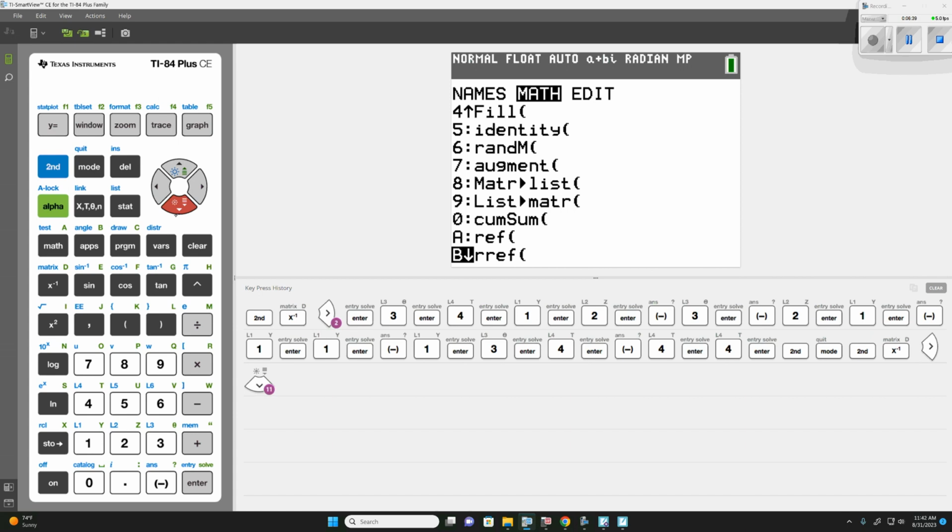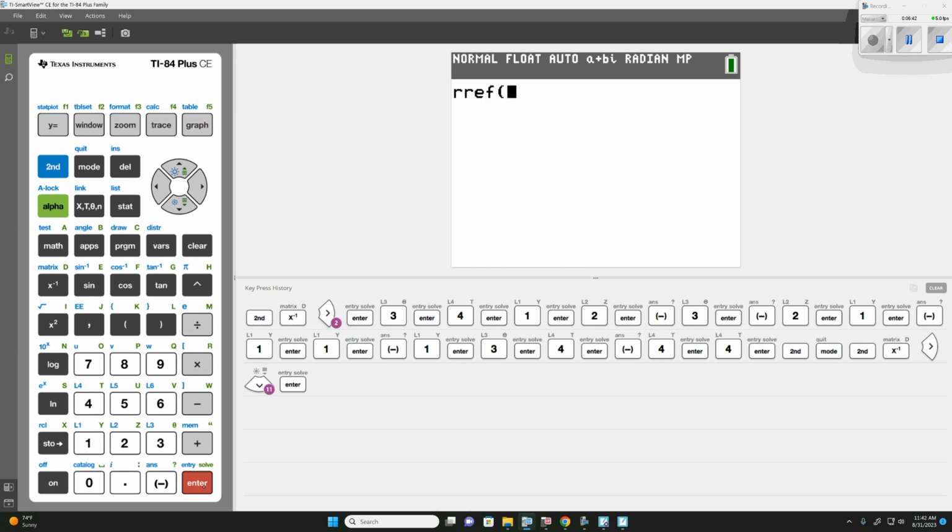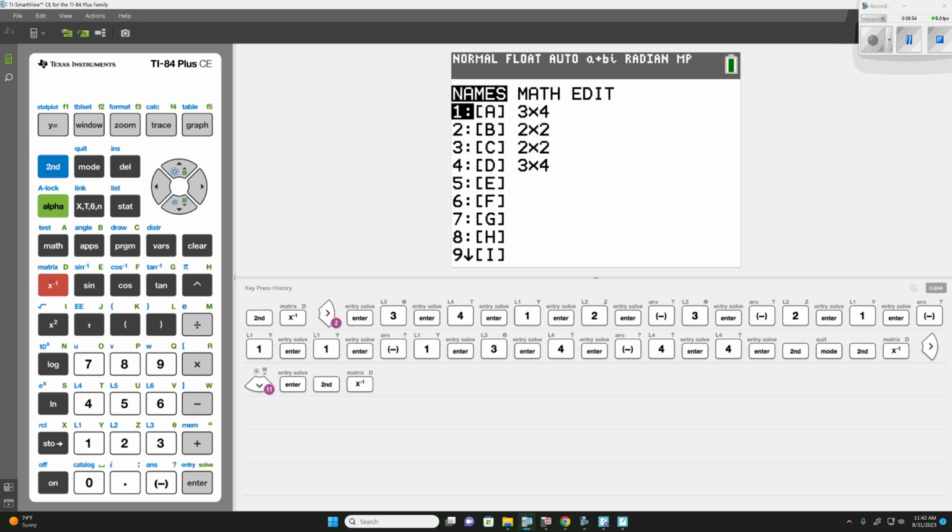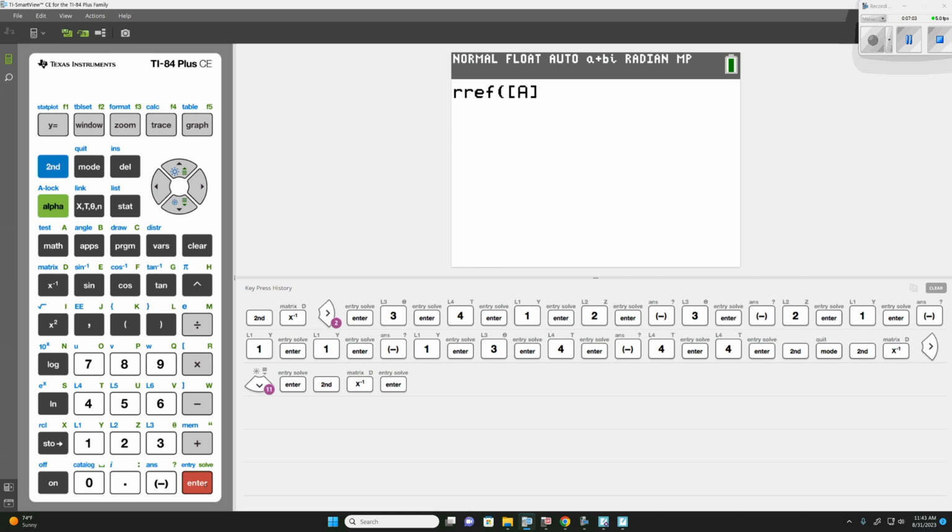Now we have one last thing. We need to recall the matrix that we just plugged in. Well, we plugged it in as matrix A. So to recall it, we're going to go second matrix. Now we notice that the cursor is right next to matrix A. Hit enter. And one more time, enter.